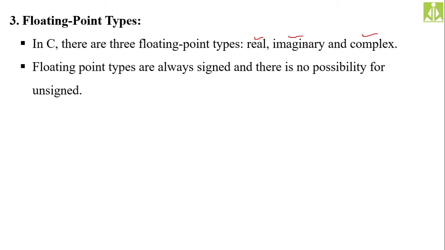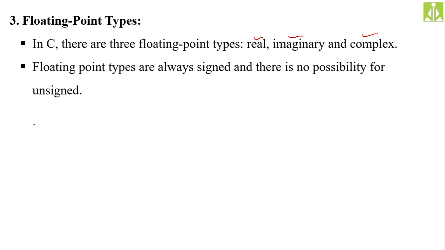Real numbers, imaginary numbers, and complex numbers. Floating point types are always signed. Signed and unsigned is the concept. Signed numbers means you can store both positive as well as negative, but when we are saying unsigned, you can store only the positive numbers, you can't store the negative numbers.